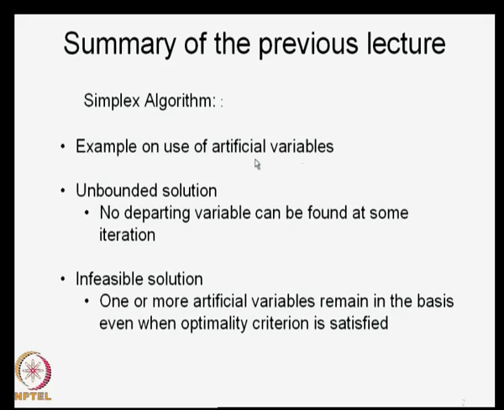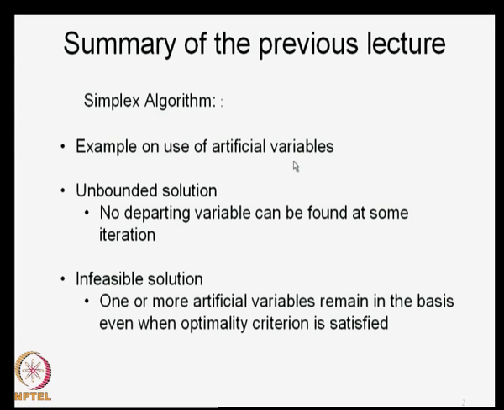For the greater than or equal to constraints, we would have introduced the slack variable with a negative sign, and for an equality constraint we do not introduce any additional variables. Therefore, to start off the computations in the simplex algorithm, because we need an initial basic feasible solution, we introduce the artificial variables. And then we went through an example of use of artificial variables in the previous lecture.